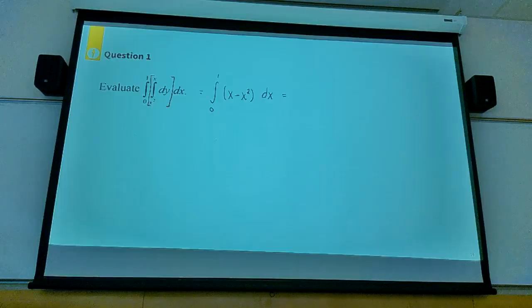What was the most important result from Calc 1? Fundamental theorem of calculus, which stated find the antiderivative, big F, and then it's F of b minus F of a.